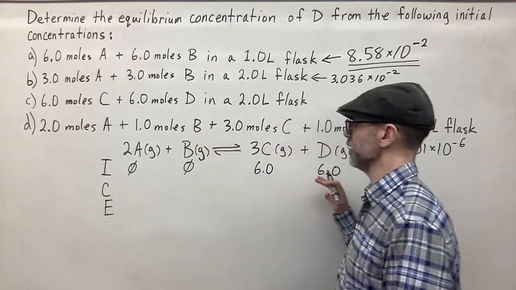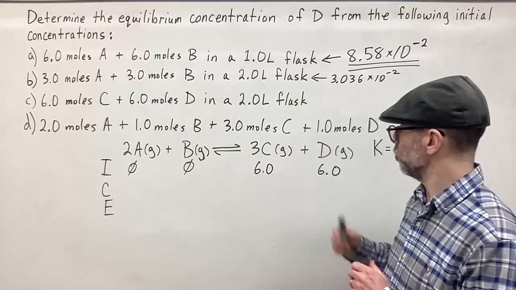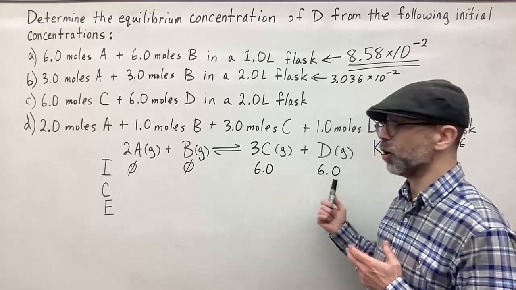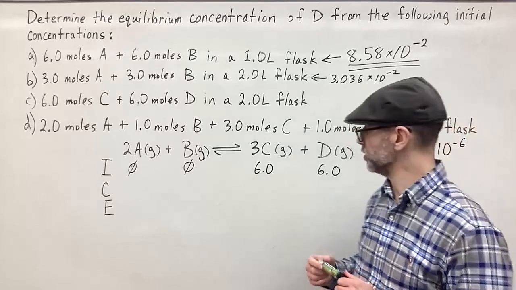We're going to assume that it completely reacts in that direction. So this is a 1:3 ratio. So we have to figure out which one of these is going to run out first, which one's the limiting reagent.